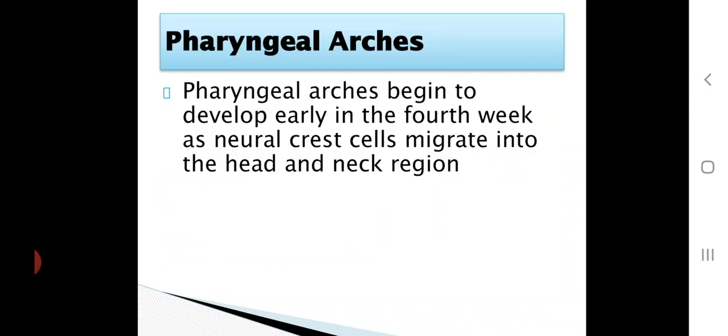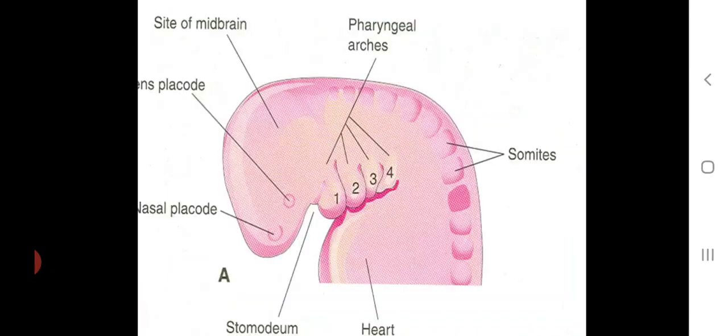So these neural crest cells are important in the development of the pharyngeal arch. When they migrate into these arches, only then will these arches form in the complete form. So this is how the development of the pharyngeal arches starts, resembling the fish gill.